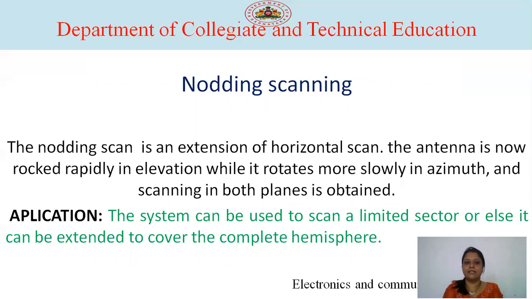Next is the noding scanning. Noding scanning is the extension of the horizontal scan. The antenna is now rocked rapidly in elevation while it rotates more slowly in azimuth. Therefore, it scans in both planes.